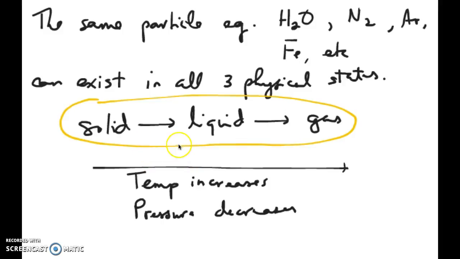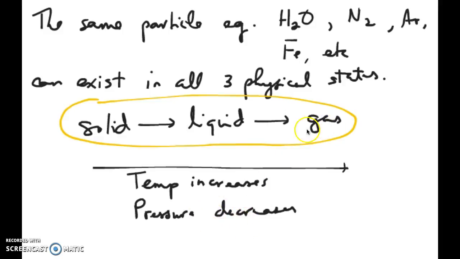The strength of these intermolecular forces is affected by pressure and temperature. So as temperature increases, each particle gets more kinetic energy, and as a result, at some point, the kinetic energy overpowers the intermolecular force, and the molecules are able to escape the attraction between one molecule and another. This also happens when you decrease pressure.